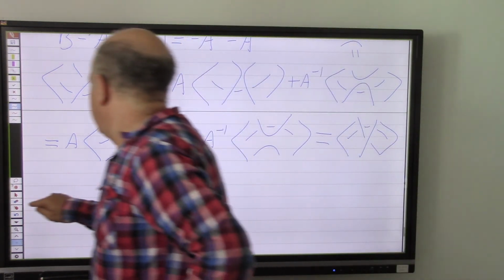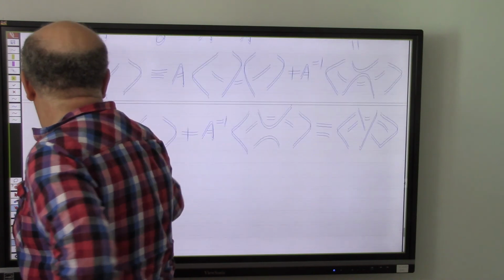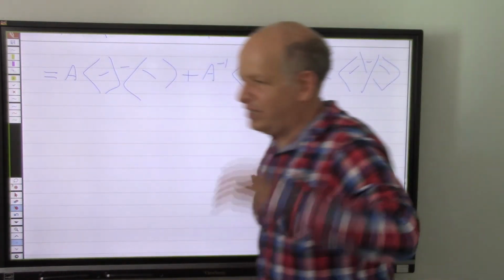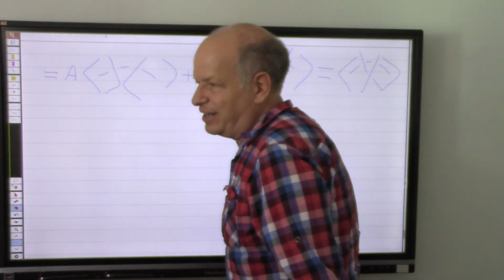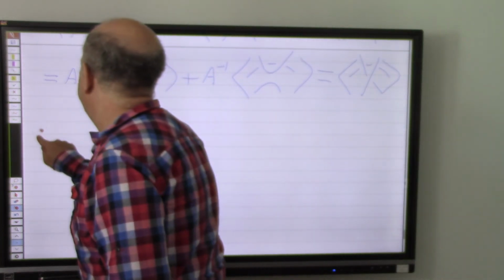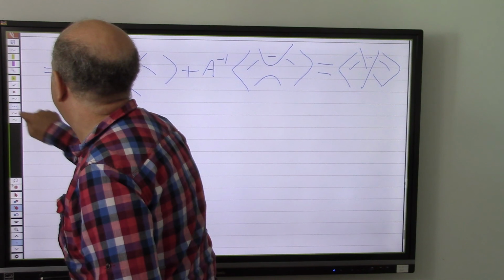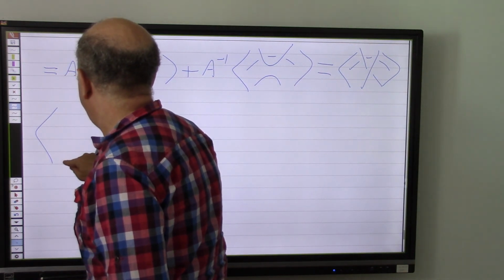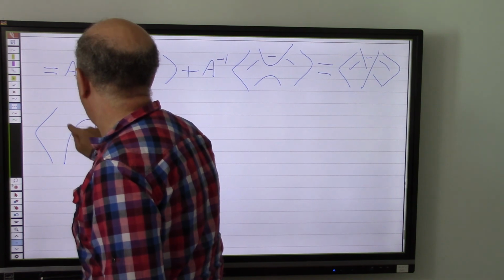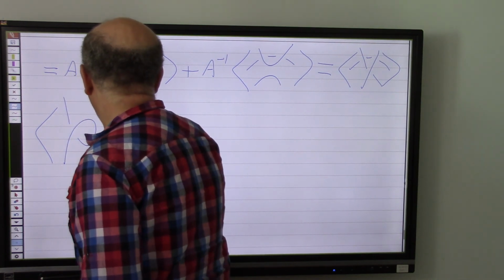Okay. Good. So it will be disappointing if we don't get invariance under Reidemeister 1, but we'd better check it. Okay? So let's compute the bracket of a Reidemeister 1 left-hand side.